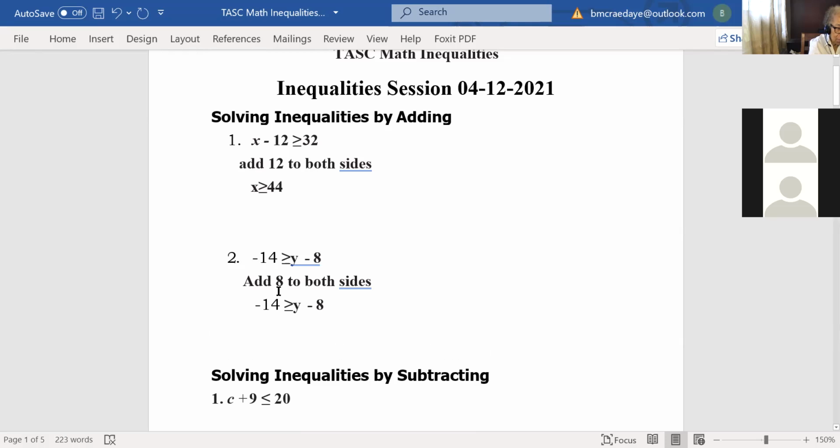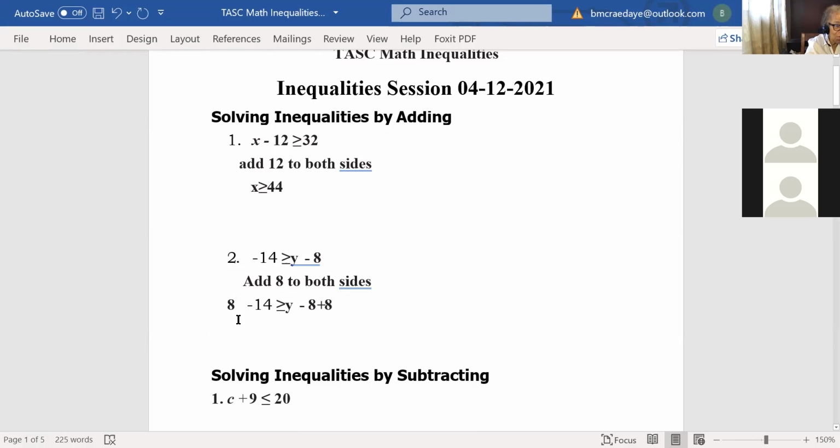You're adding 8 to both sides. So you've got 8 plus a minus 14. You can say 8 minus 14, and then you're adding a plus 8 over here.